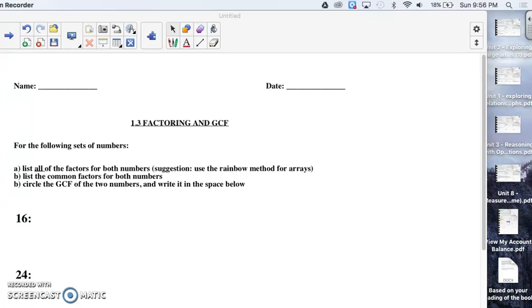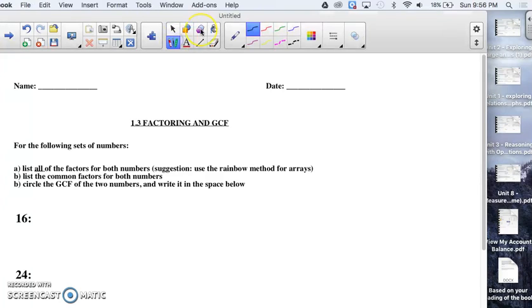Now I'm going to continue, and before we get into the example on the worksheet, I'd like to start off with some vocabulary. So take your highlighter. I'm going to take my highlighter here. And I'm actually going to highlight GCF here because GCF is a new vocabulary word for you this year.